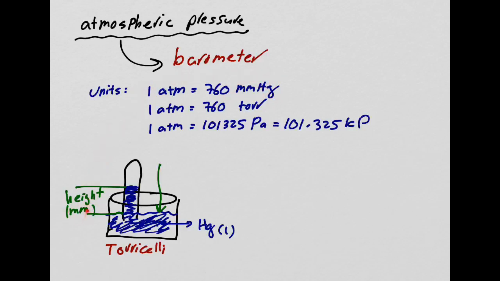It means over here. This height is in millimeters, and this height is the height of the mercury. So when this height is 760 millimeters of mercury, that's when we have 1 atm. Pretty cool, huh? Now, we also said that the guy who came up with this is Torricelli, so they wanted to honor him. So 1 atm is also 760 torr to honor the guy who came up with this.